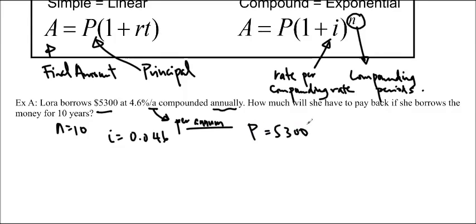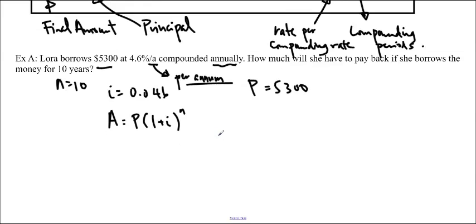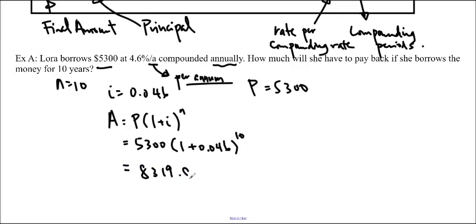That's how much she's borrowing. So we want to know how much this is worth in 10 years. We'll do A equals P times 1 plus i to the n, and we always want to write the formula, of course, as usual. And we just fill that in, 5,300 times 1 plus 0.046 to the 10. You type that into your calculator, and you should get $8,319.84.